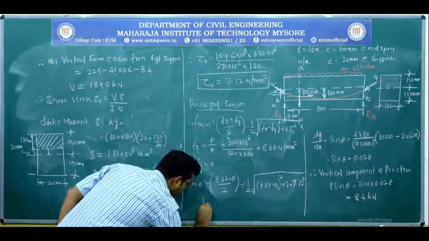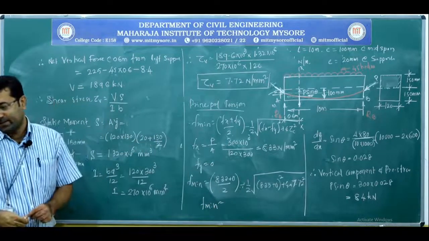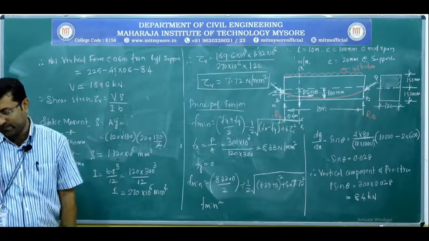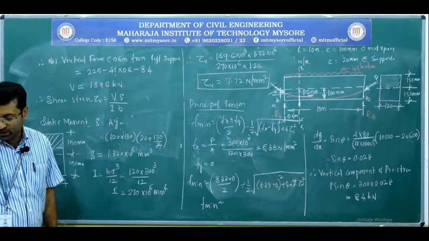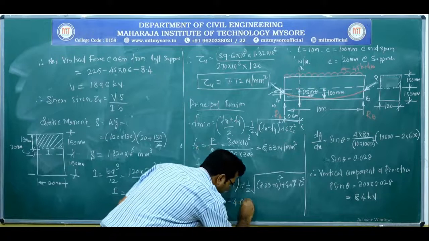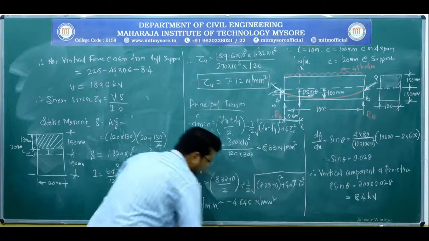So this gives me f minimum as minus 4.645 newtons per millimeter square.